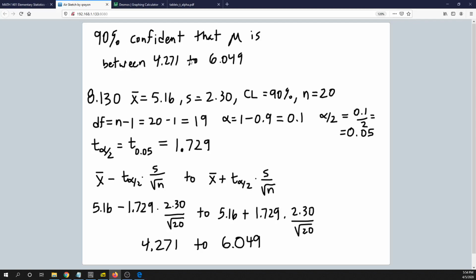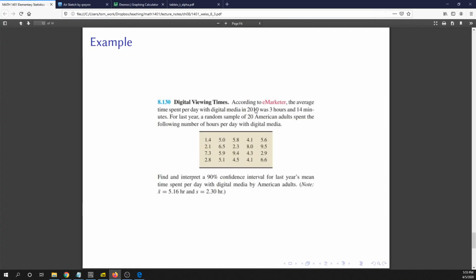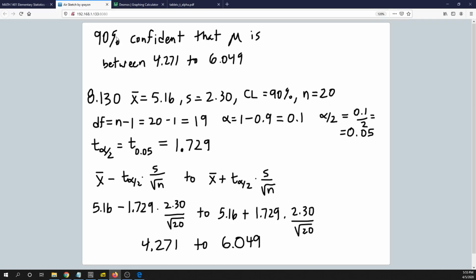So the problem is done. We've done what they asked for. But just to point out another thing right here, they do tell us that in 2010, 9 years ago, the average time spent per day was 3 hours and 14 minutes. But when we've done our work, we are 90% confident that the mean is between 4.27 and 6.049 based on the sample that we have taken.